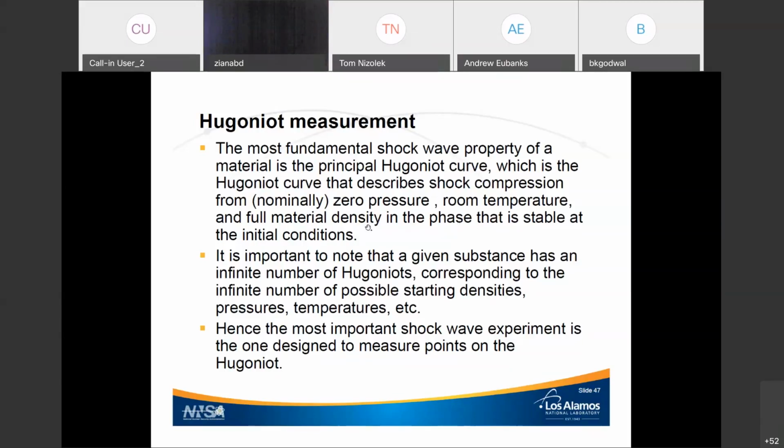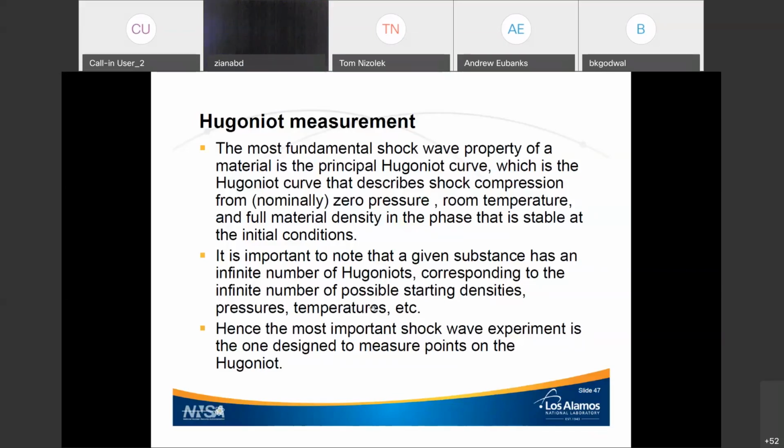The thing to point out is that any given substance has an infinite number of Hugoniots corresponding to the infinite number of possible starting densities, pressures, and so on. So generally it's the principal Hugoniot that gets measured, and then some calculations are done to calculate what the other Hugoniots might be.